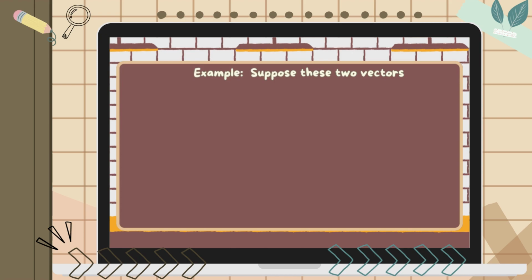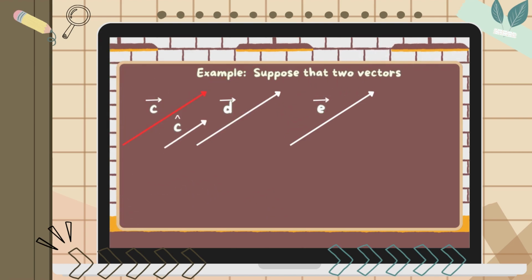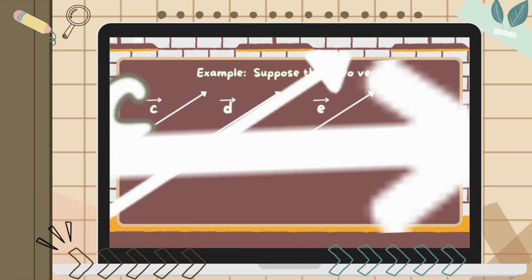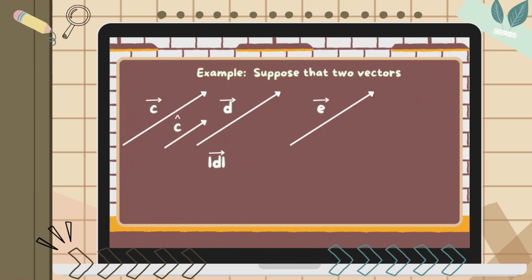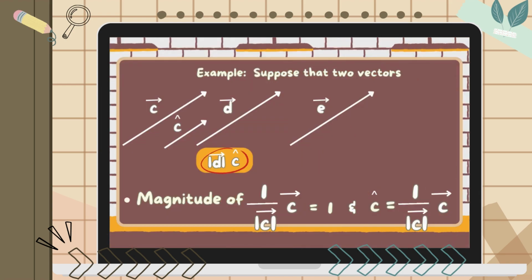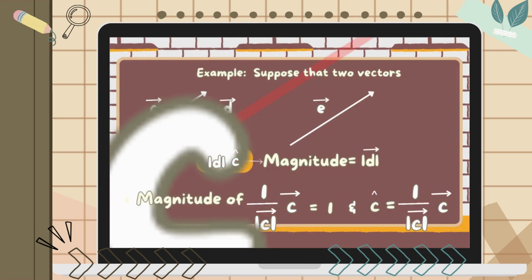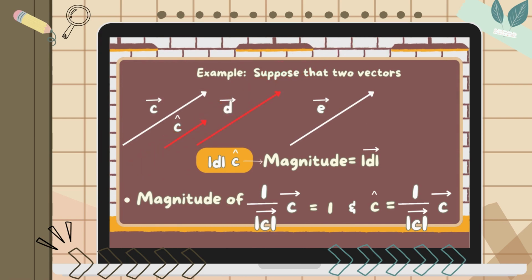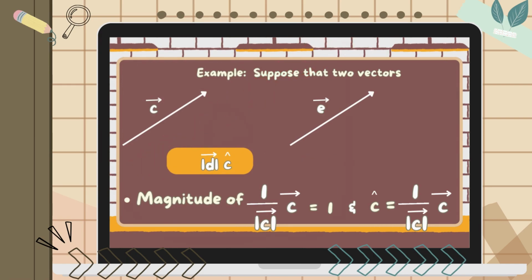Suppose we have these two vectors D and E directed in the same direction as that of vector C. Now consider the vector magnitude of vector D times the vector C hat. As the magnitude of vector C hat is 1, the magnitude of this vector will be equal to that of vector D. And since C hat and D are directed in the same direction, the vector D will be equal to this vector.